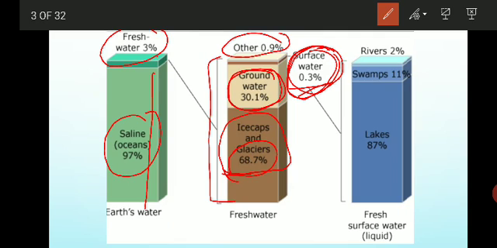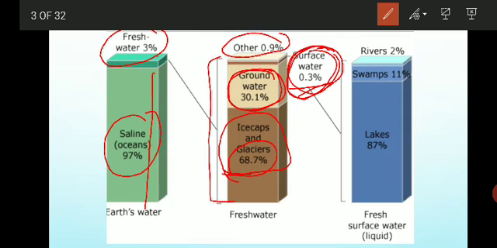So almost 69% resides in glaciers, around 30% is underground water, and less than 1% is located in the lakes, rivers, and swamps, that is, in the form of surface water.